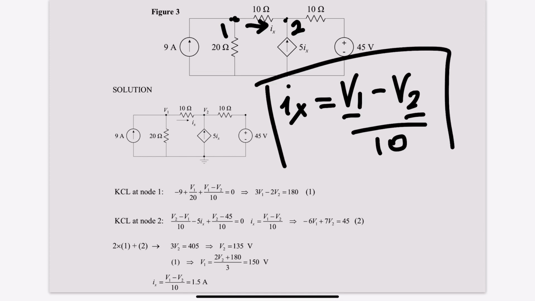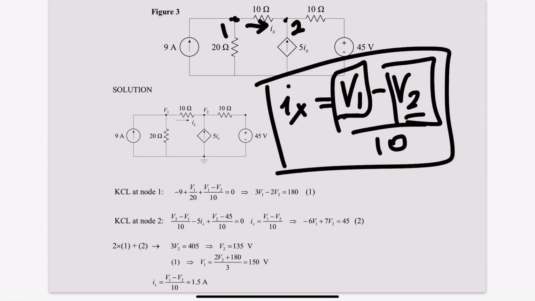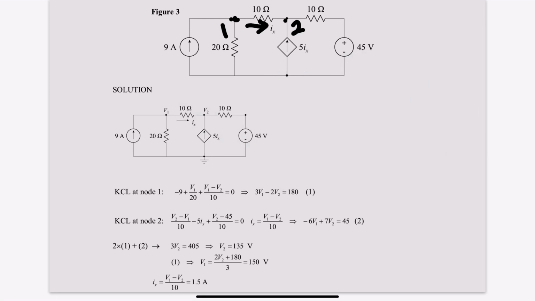So this is the equation to find Ix, and for that purpose we need to find V1 and V2. So we're going to have two different equations regarding two different unknowns, which are V1 and V2. Once we find the values of them, we can directly replace them back in this formula to get the value of Ix. So this is what we're going to be doing throughout this question.